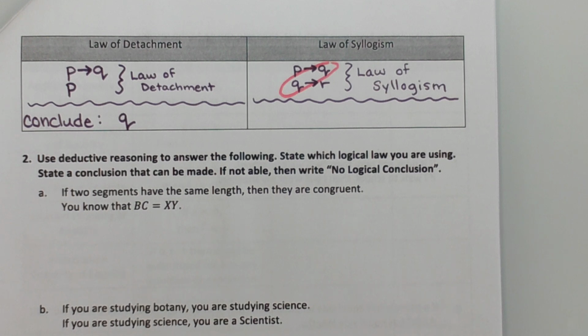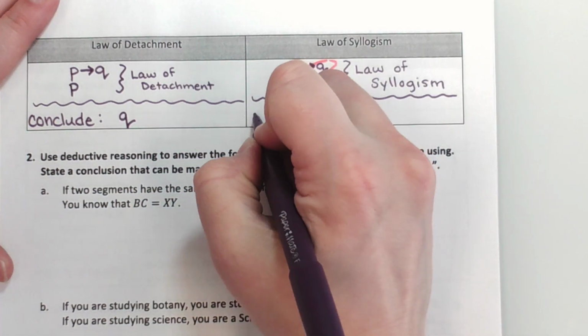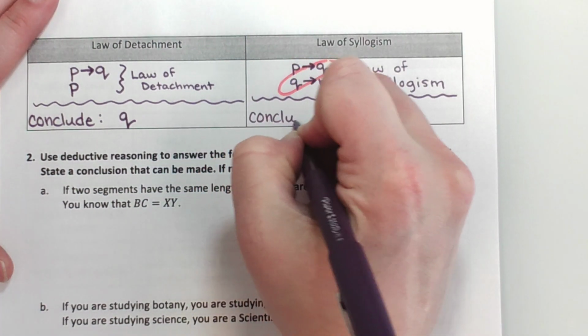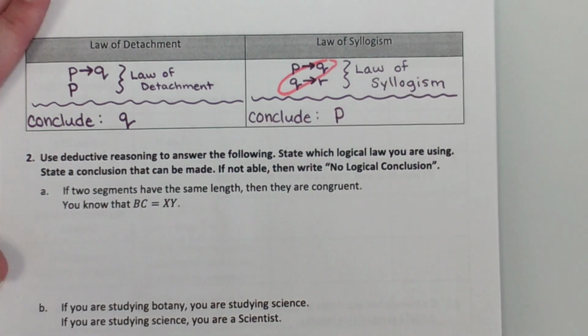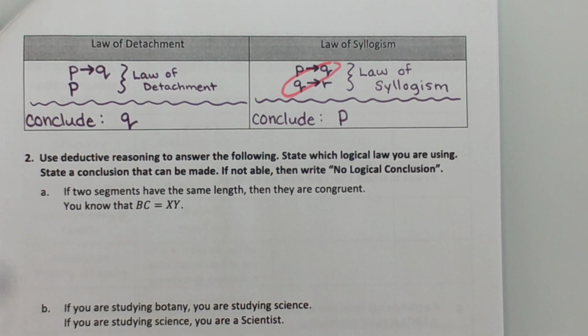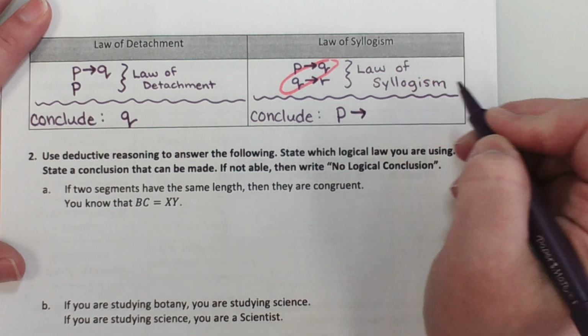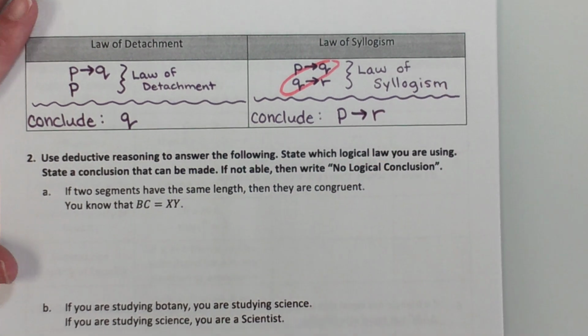If X, then Y. If W, then X. As long as I have one conclusion and one hypothesis matching, that is law of syllogism, and I am allowed to conclude that the unmatched hypothesis will lead to the unmatched conclusion.